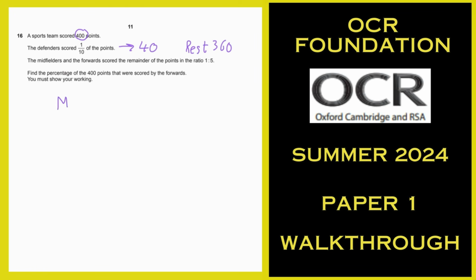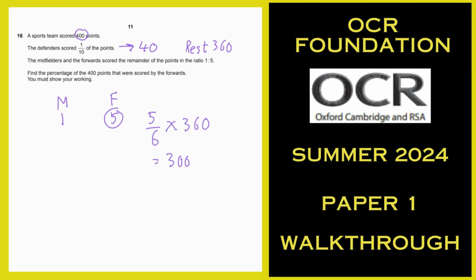The midfielders and forwards scored in the ratio of 1 to 5. Find the percentage that was scored by the forwards. So, the forwards are scoring 5 out of 6 of the 360 which are left.